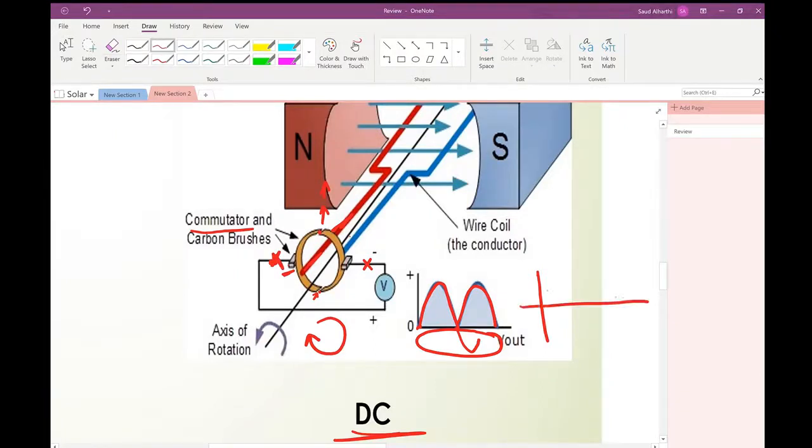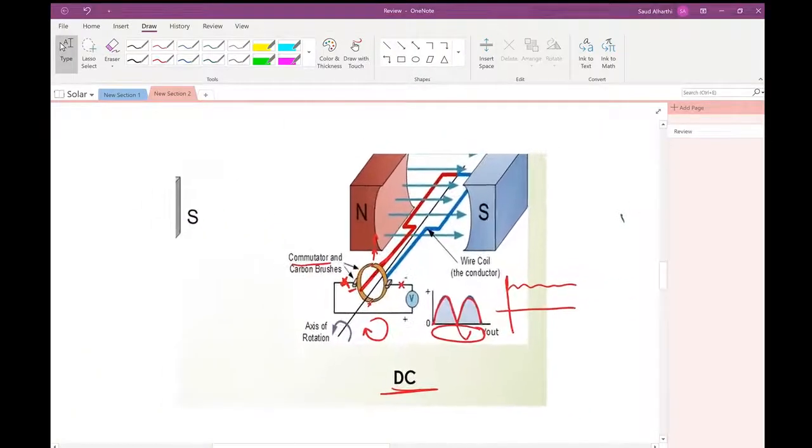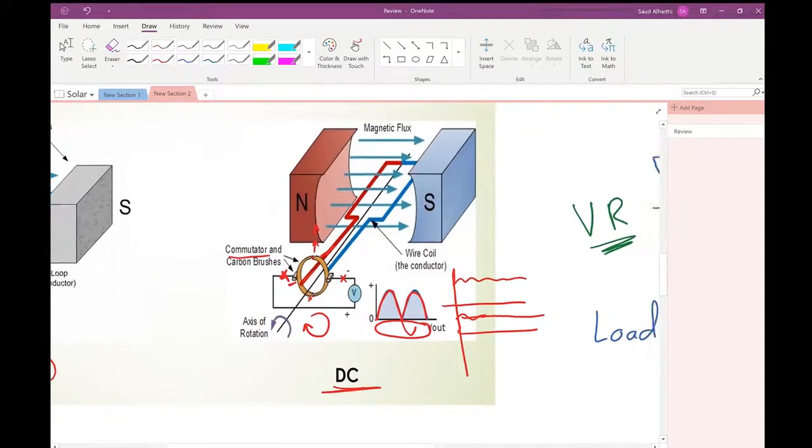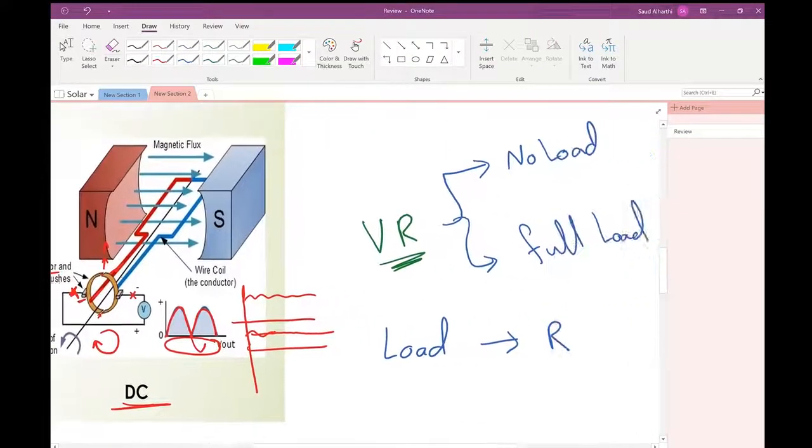Now, if I connect multiple coils, what I will get is a DC waveform like this. If I increase the number of coils, I will get a smoother waveform like this. So it will purify itself if we increase the number of coils.